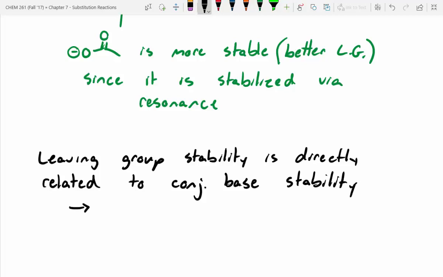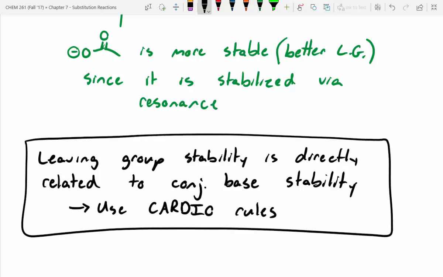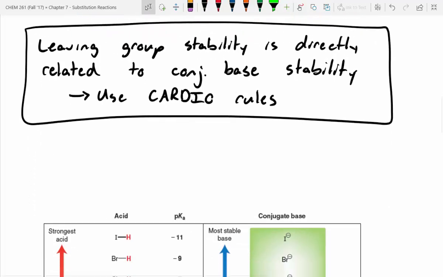And let's make a note. Use the CARDIO rules. All right. So a simple thing you can do is look at a pKa table, and from that you can determine what is a good leaving group and what's not a good leaving group.